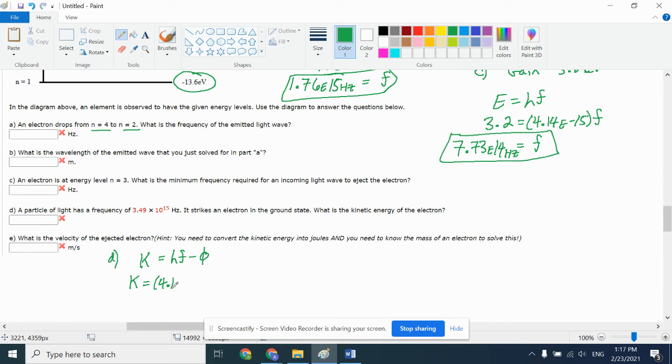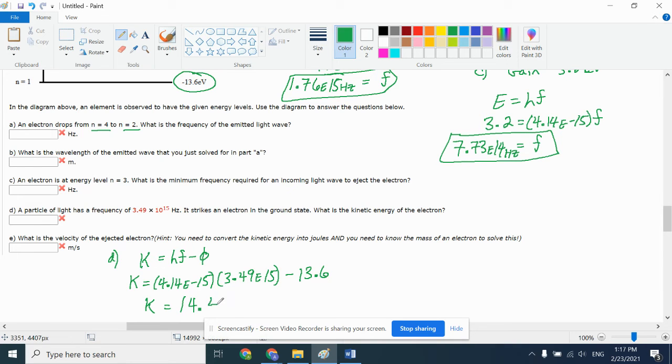Now, h is 4.14 E negative 15. The frequency was given to me as 3.49 E15. The work function is 13.6. What that means, what it literally means, 13.6, is in order for my electron to escape, it must get 13.6 electron volts of energy.